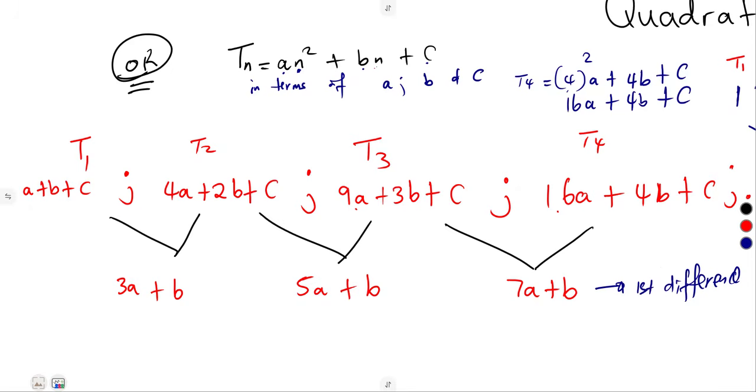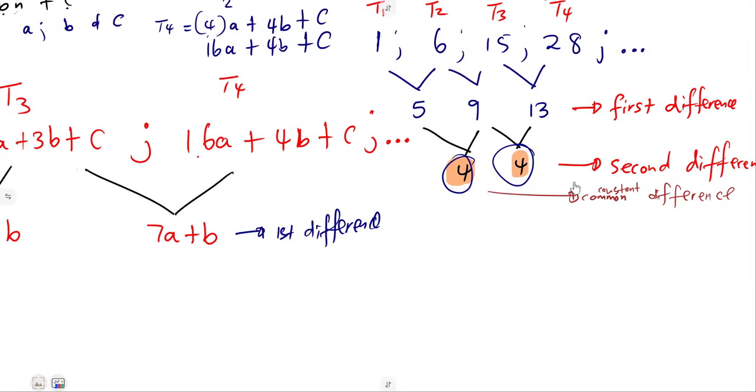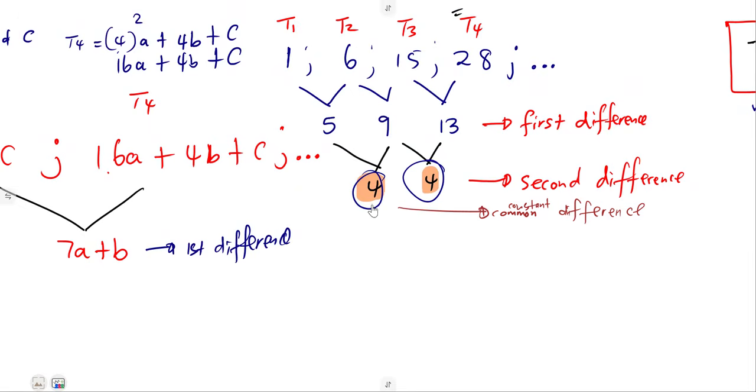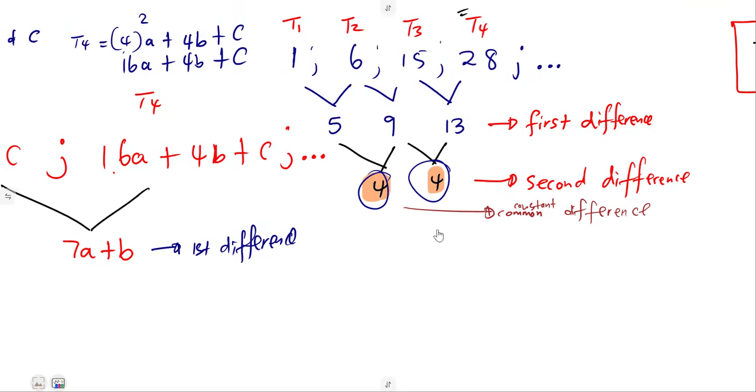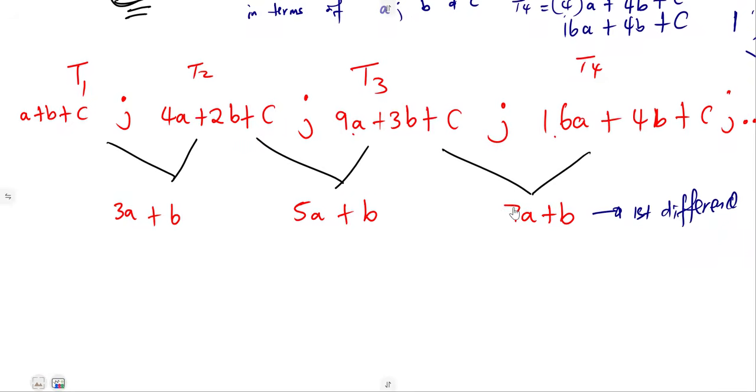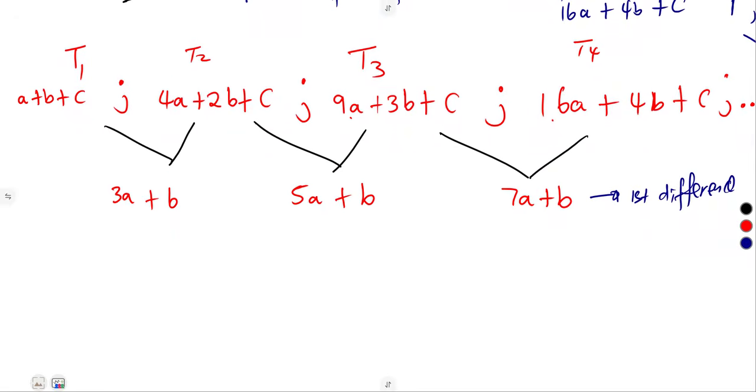But if we move on to the second difference, there we must have something that is constant, common throughout. So let's see. All right, let's see that one now and conclude our quadratic. So let us conclude now. So this is what we're going to have. Going to find the differences here.